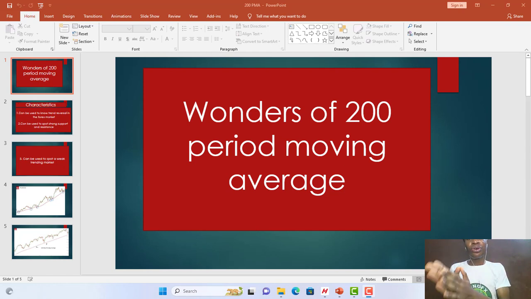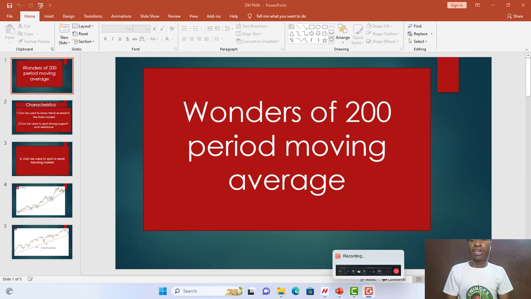But the truth is that so many persons still want to use these indicators personally too. Many persons ask, oh, please, I need this type of indicator and the rest, right? So that was why I brought these wonders of the 200 period moving average.